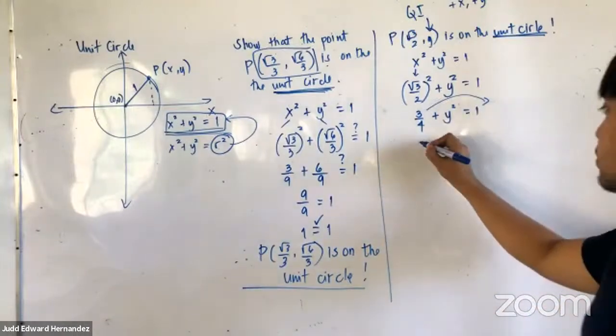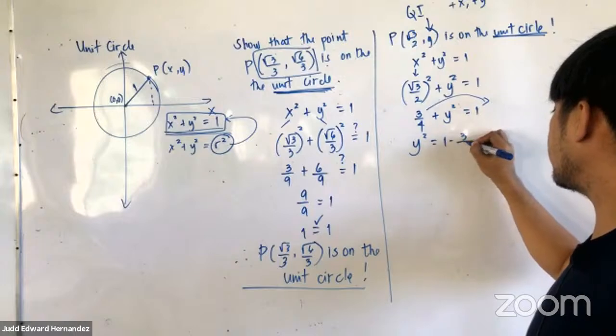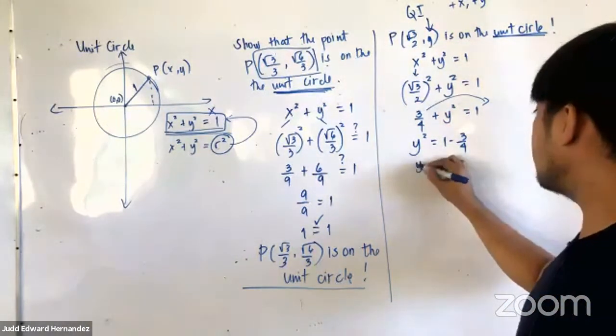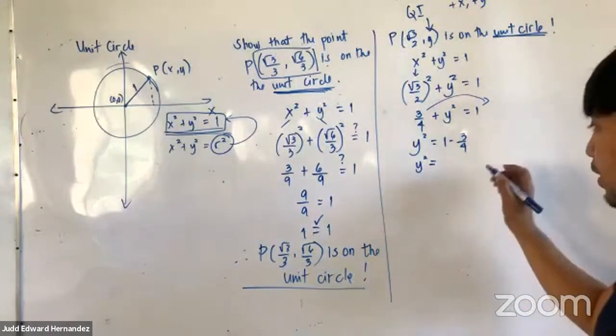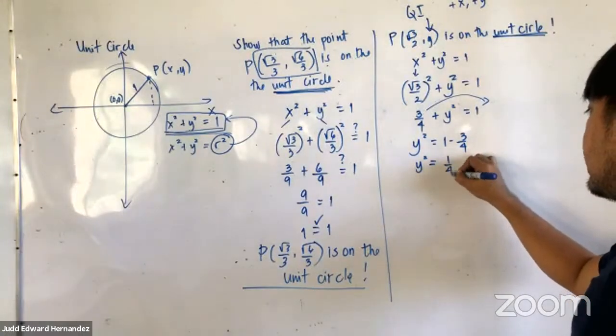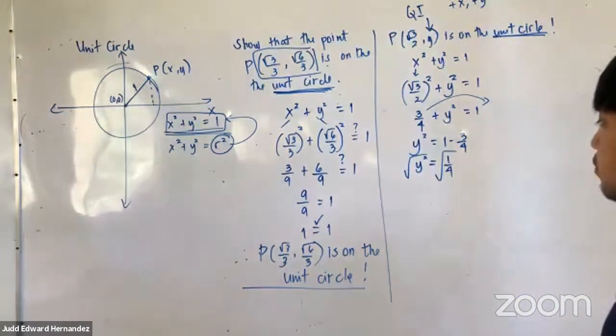Okay, transpose. We'll be having y squared is equal to 1 minus 3 over 4. Therefore, this becomes y squared is equal to, what is 1 minus 3 over 4? 1/4. Okay. Since this is y squared, we need to get the square root of both sides.